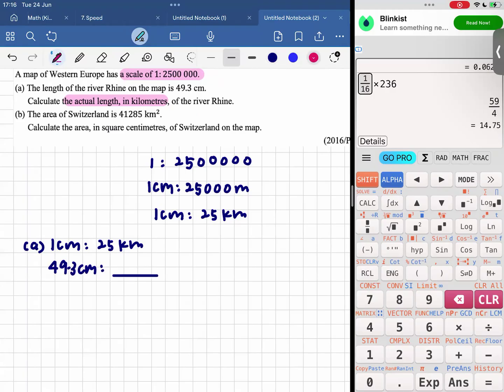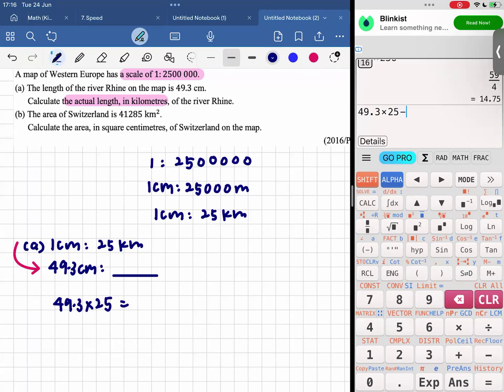Just multiply from here to here. So 49.3 times 25 is 1232.5, this is kilometers. No need to round up or down because this is considered an exact answer. Don't round, okay?